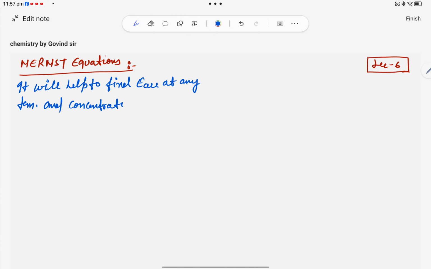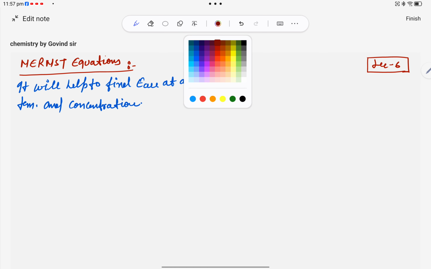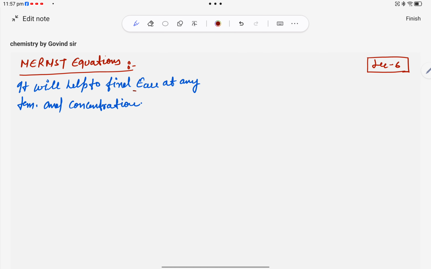If you want to find E cell at any temperature and concentration, then we have to apply this Nernst equation.